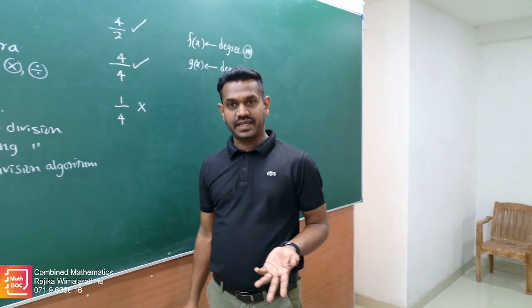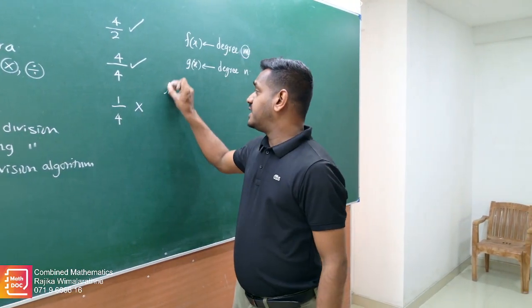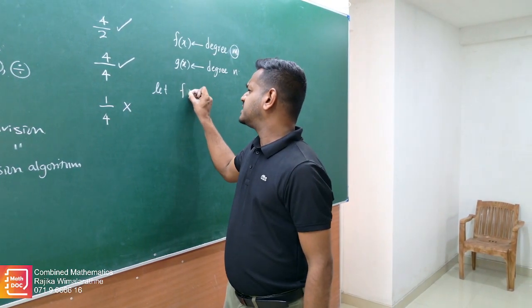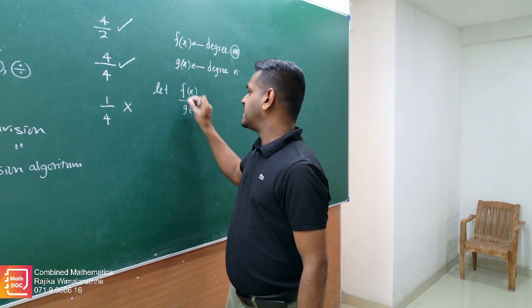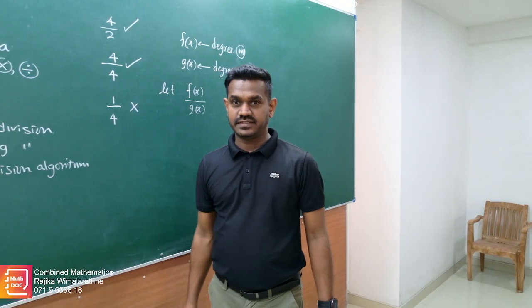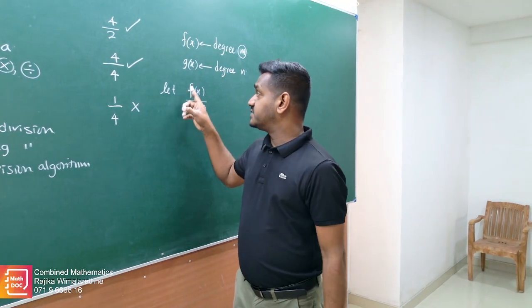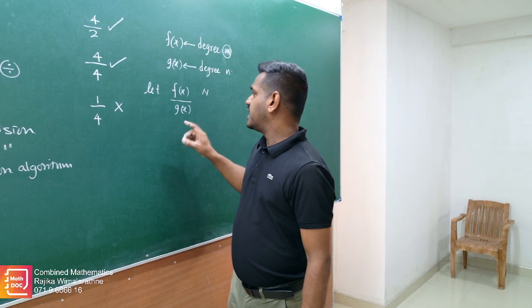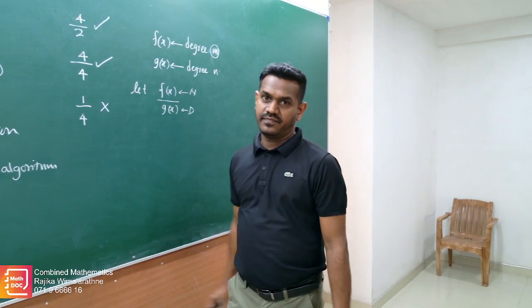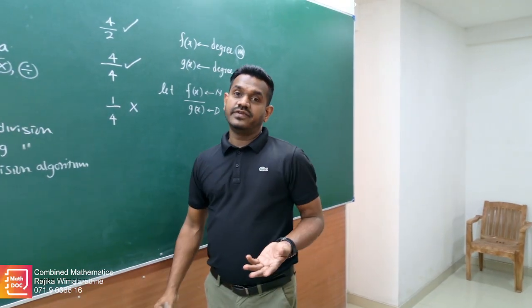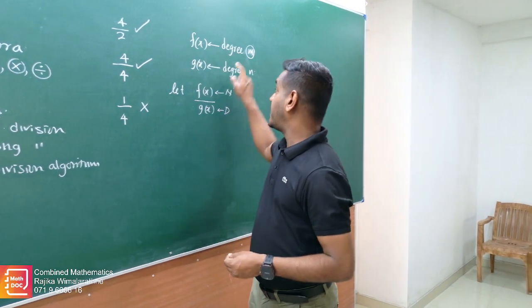Let f(x) be divided by g(x). That is division of two polynomials. Here this is what we call the numerator and this is the denominator.